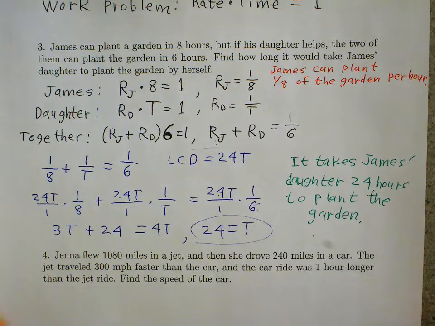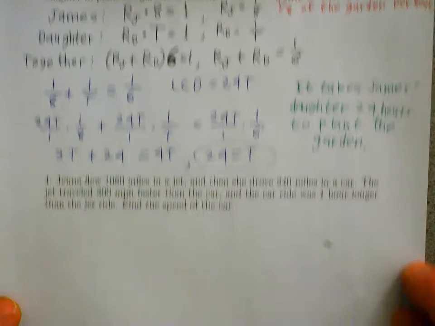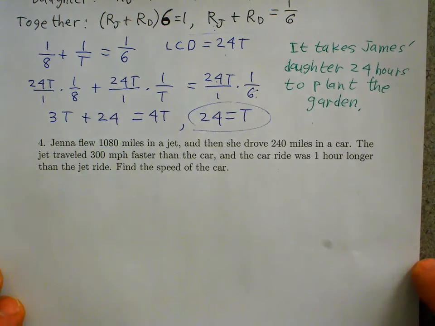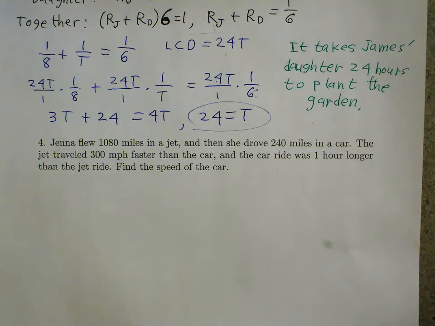Okay, let's start the next one. Number 4. Jenna flew 1,080 miles in a jet, and then she drove 240 miles in a car.